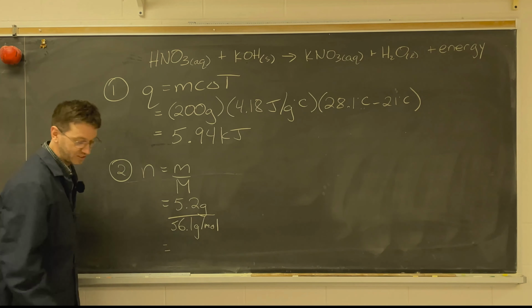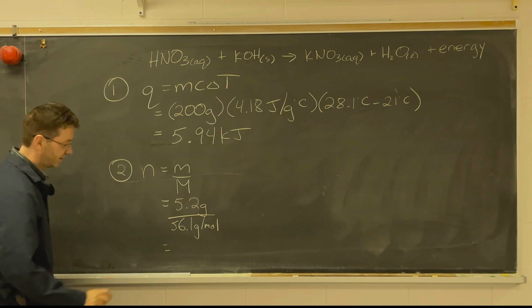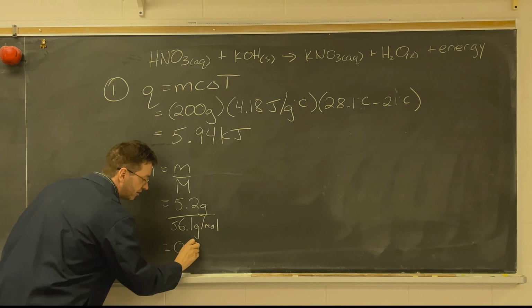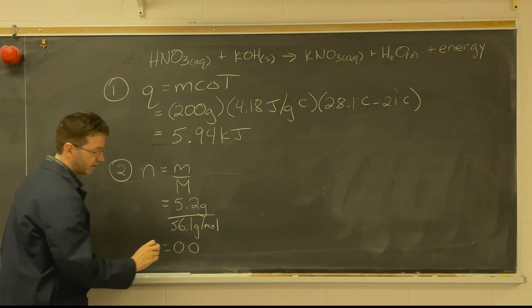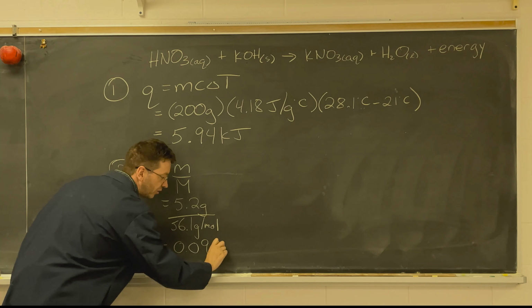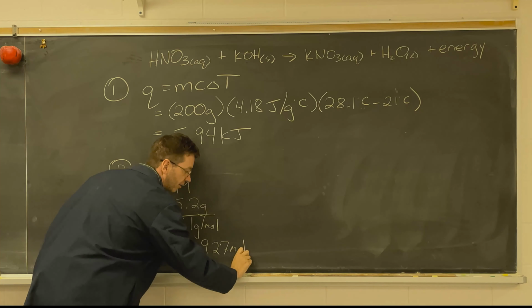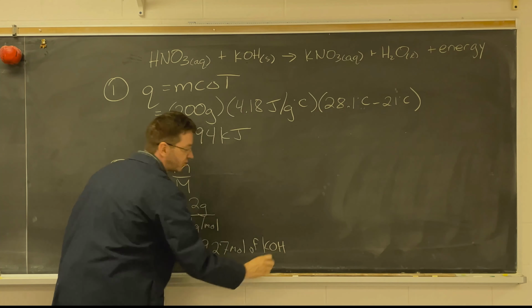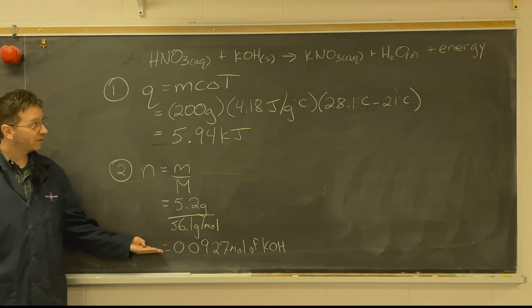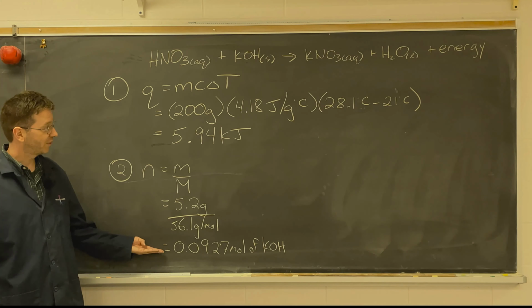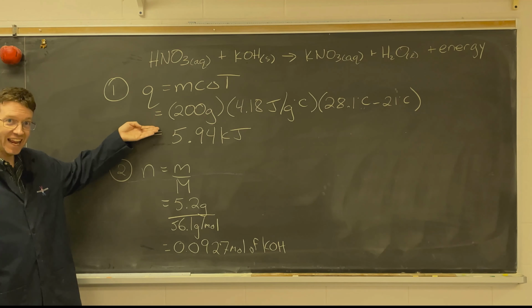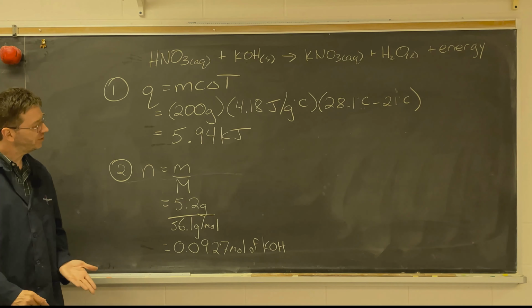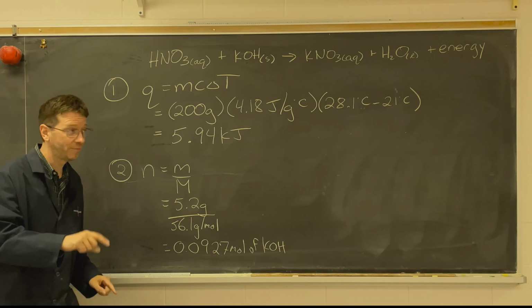So that gives us 0.0927 moles of potassium hydroxide. So this is how many moles of potassium hydroxide we have, and that's how much energy we got from this. But how much energy would you get from 1 mole?